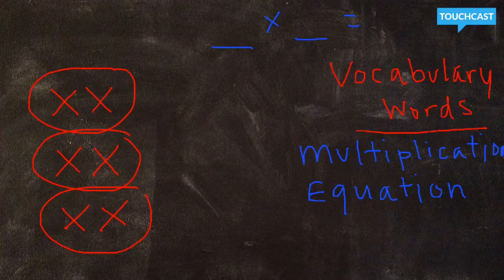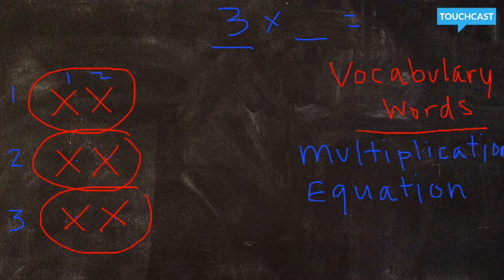So if I look right here, I see that there are 1, 2, 3 groups. And in each group, there is 1, 2. In every single group, there's 2. So that shows me we can use a multiplication equation. And so our multiplication equation is 3 times 2.